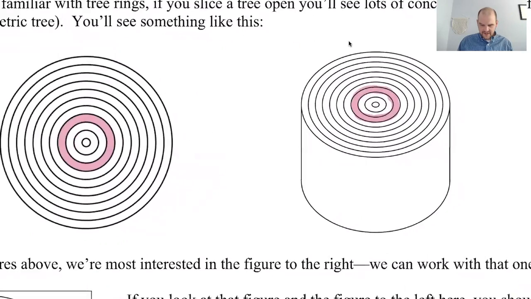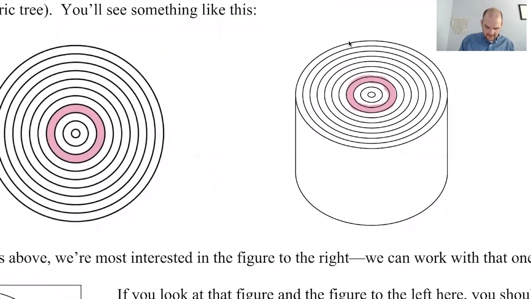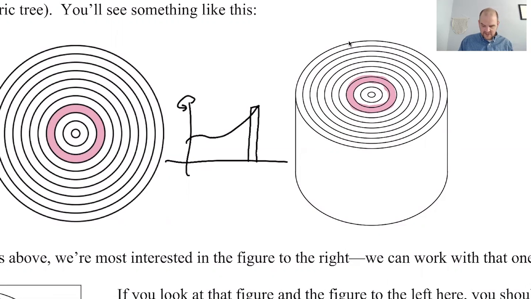So what's going to happen is if we had a function like this, we could make a rectangle here. And if I take that rectangle and I go around the y-axis, it's going to trace out one of these cylindrical shells. And then I will make another one.